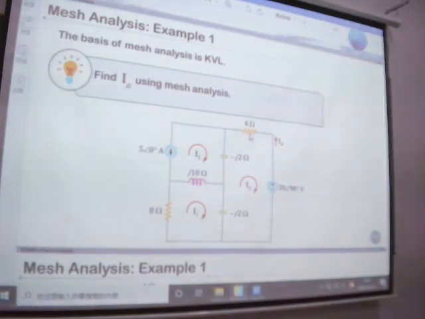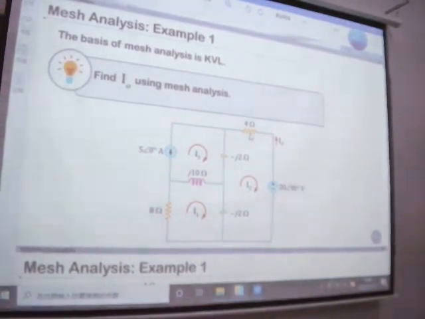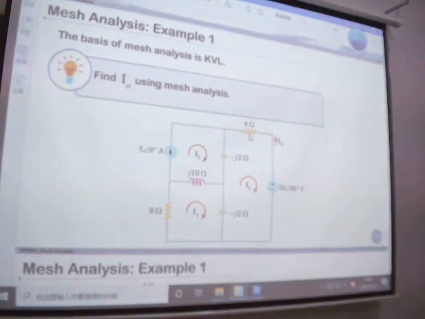Still remember the algebra form? Then substitute I3 inside, and you will get 3 equations with 3 unknowns. But these 3 unknowns are I1, I2, and V. It's not I3 anymore. Okay?